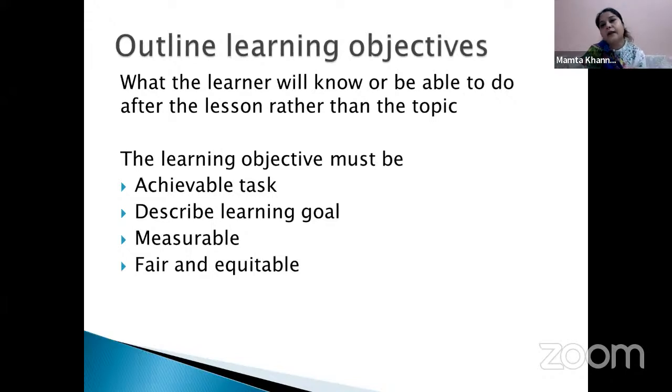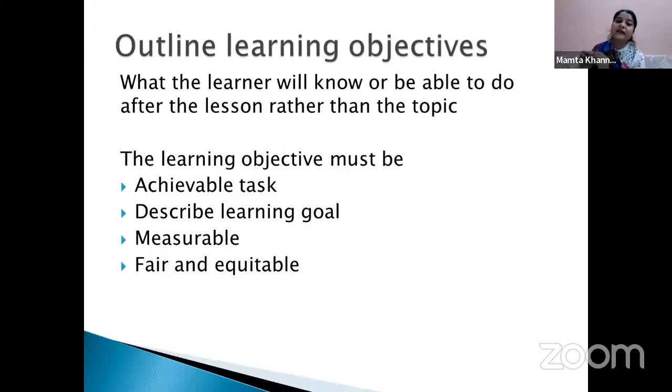A good learning objective must be an achievable task. You cannot keep anything which is out of your reach, right? Always look for the learning objective which you can achieve at the end of the day. If you have a class of 45 minutes and you get 30 minutes to teach, you must be able to achieve that learning objective.